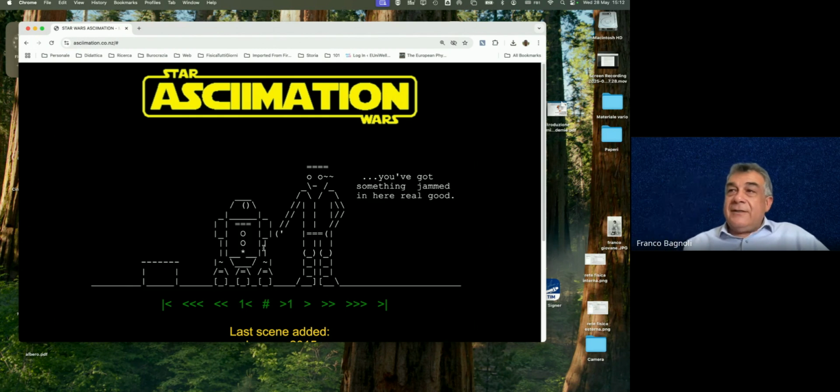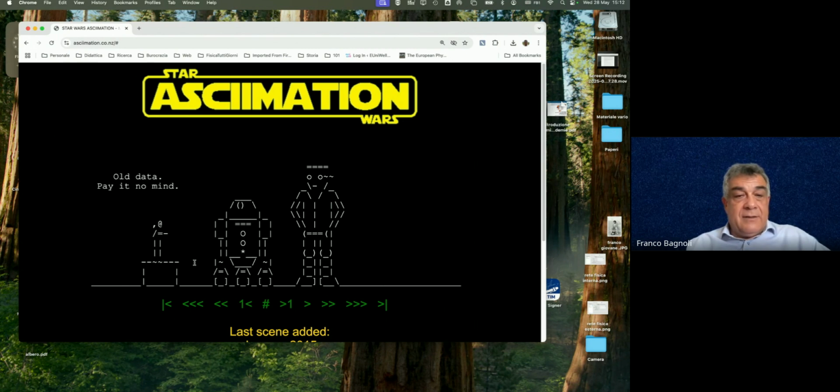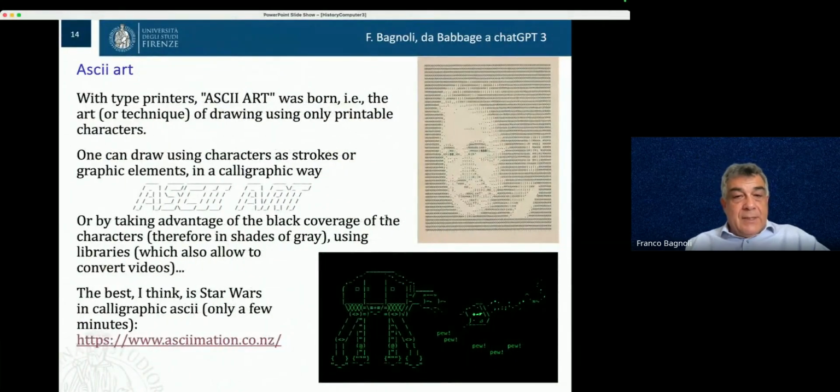It was already 30 years ago or more, but you can imagine each of the frames is drawn using ASCII characters. Clearly, it had some way of reusing elements, but it was a piece of software.